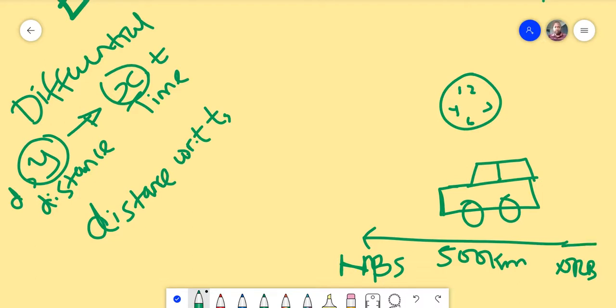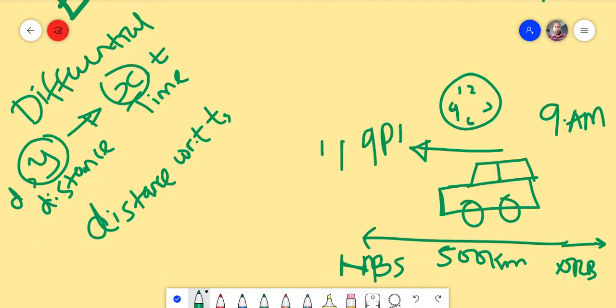As you move from Nairobi to Mombasa, time also changes. You can leave Nairobi at 9 a.m. and arrive in Mombasa at maybe 9 p.m. So when you leave, you have covered 0 kilometers, and when you reach Mombasa you have covered 500 kilometers.